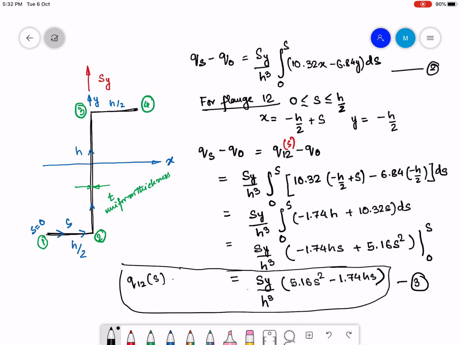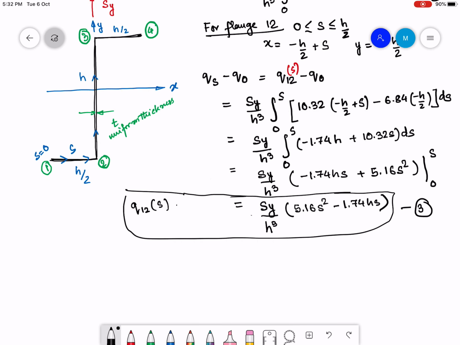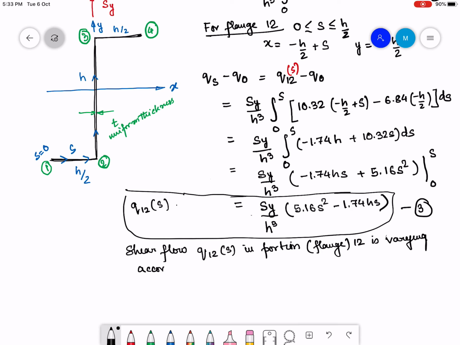So what is the meaning of this? The meaning is that the shear flow, or shear stress if you want to say it, q1 to s in portion 1 2, which we call a flange if it is horizontal, is varying according to equation 3.